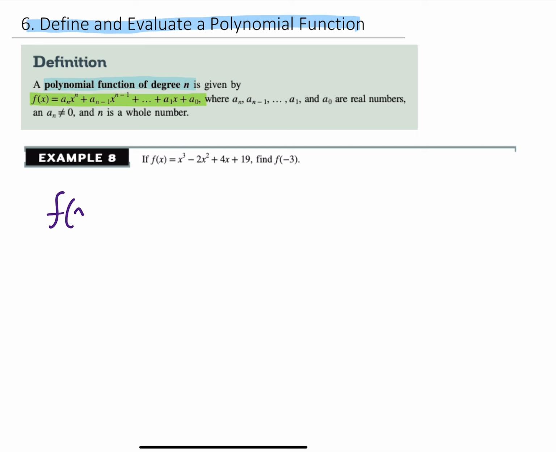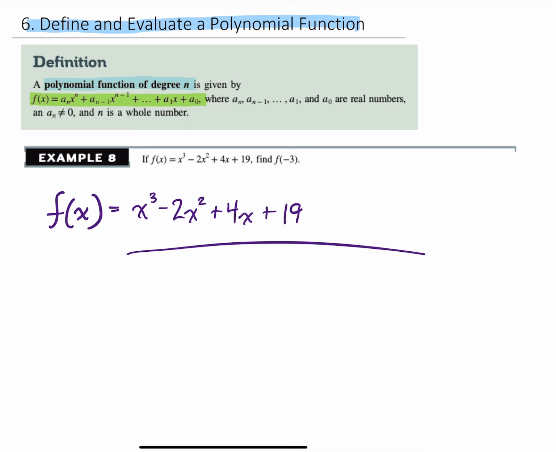That's this notation here, meaning it's some function where x is the variable. So they say f of x, our function, is equal to x cubed minus 2x squared plus 4x plus 19. So the right side looks familiar. That's a third degree polynomial. We've been working with those. We're just giving it a name. We're calling it f of x.